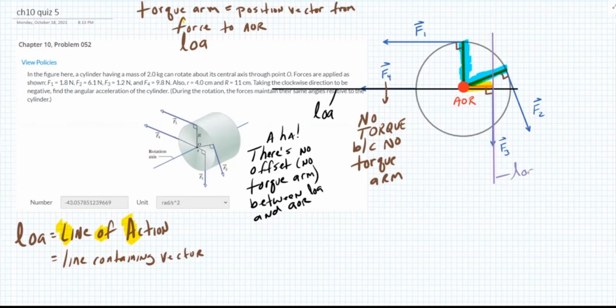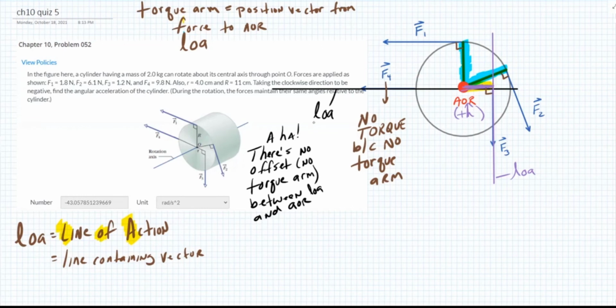And look at all this leverage I have. That's the offset between the AOR, and the AOR is a vector coming out of the screen, so this is coming in like the plus k hat direction. Anyway, that's a lot said. I am talking a lot about torque arms by design.